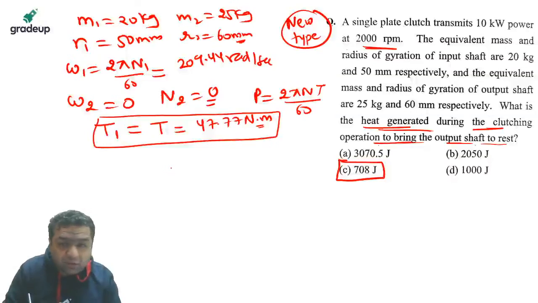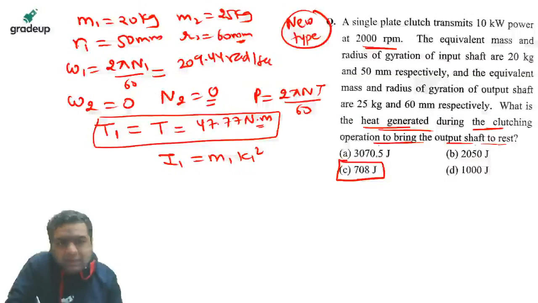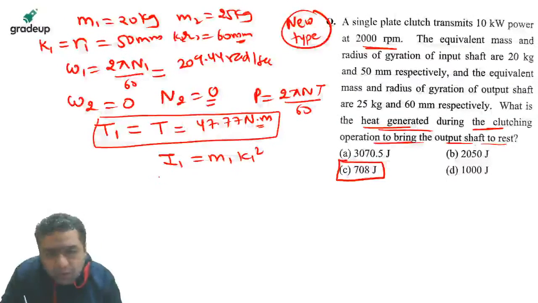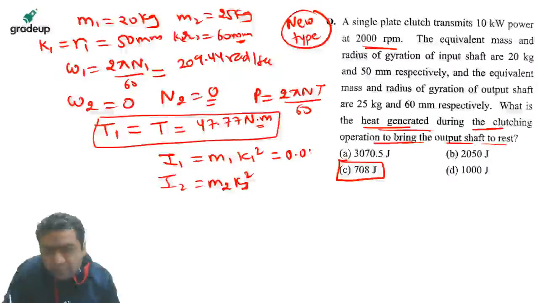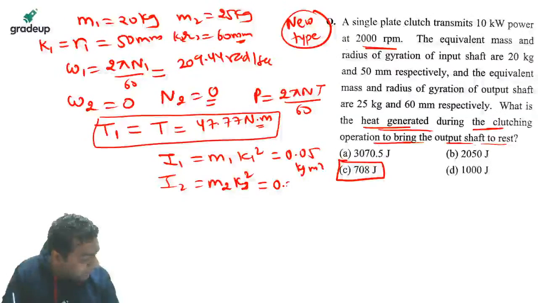And guys, after that, mass moment of inertia is M K square. This R1 is nothing but the radius of gyration given. This is K2 given. So I2 is M2 K2 square. When you find this, I1 will be 0.05 kg meter square, and I2 will be 0.09 kg meter square.